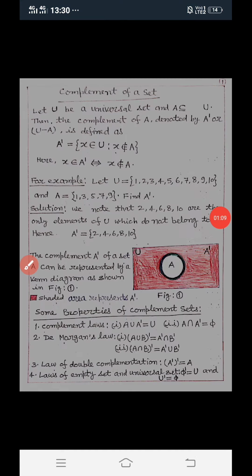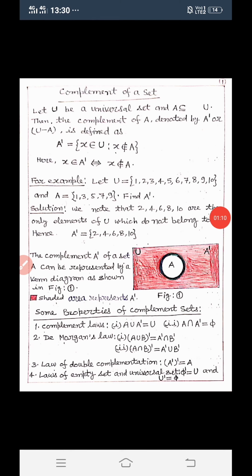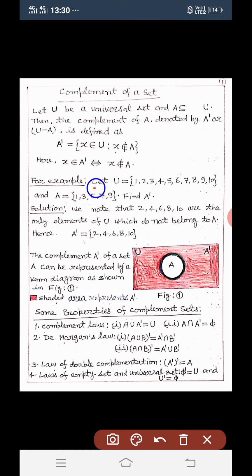For example, let universal set U equal to {1, 2, 3, 4, 5, 6, 7, 8, 9, 10} and set A equal to {1, 3, 5, 7, 9}. Find A dash.